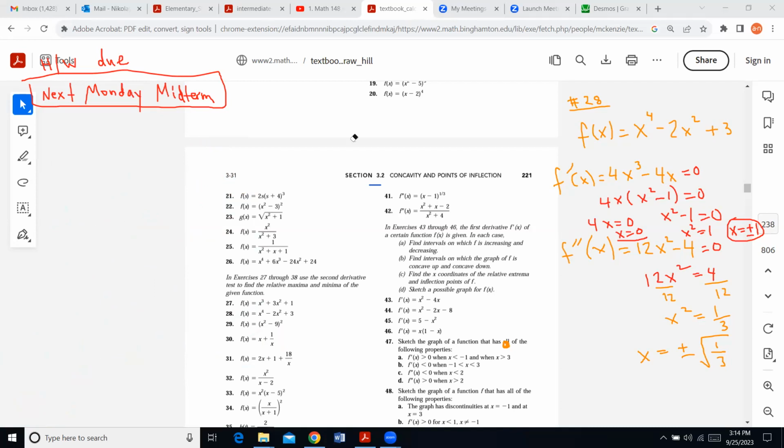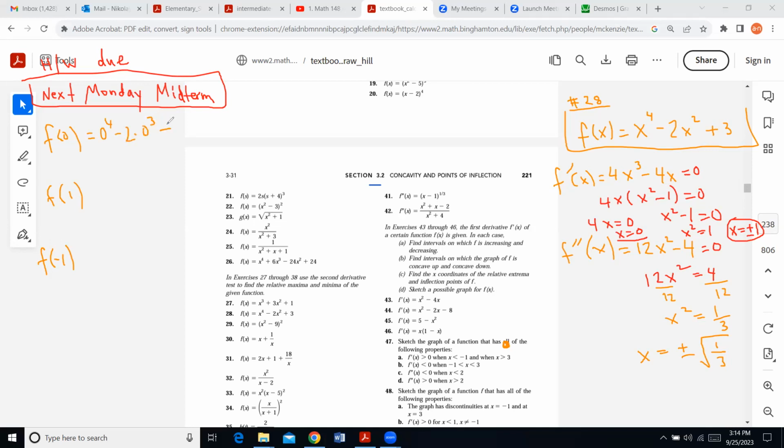So let me now try to graph this function using those special points. Since I found them, such as 0, 1, -1, and also the square root of 1/3, well, those I'm not going to bother with. I think it should be enough with just these 3 to already get an idea of how the function looks.